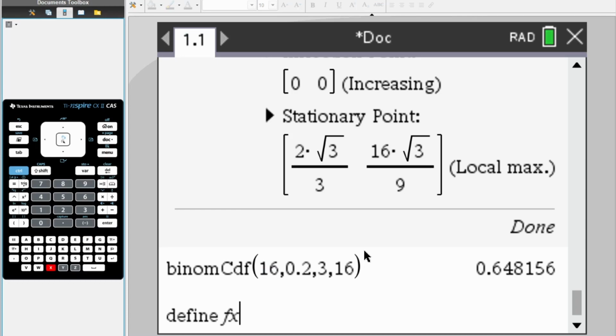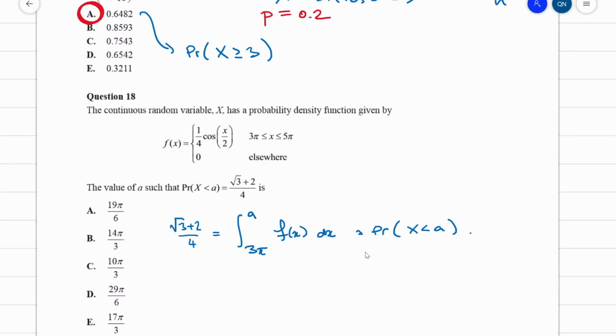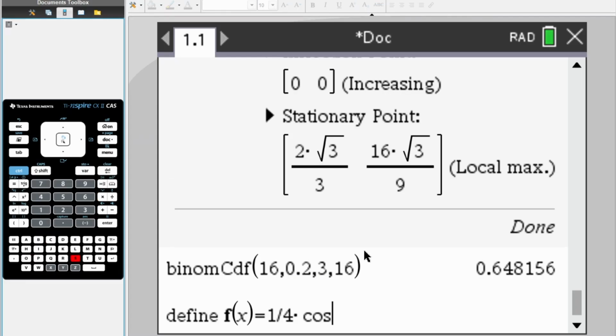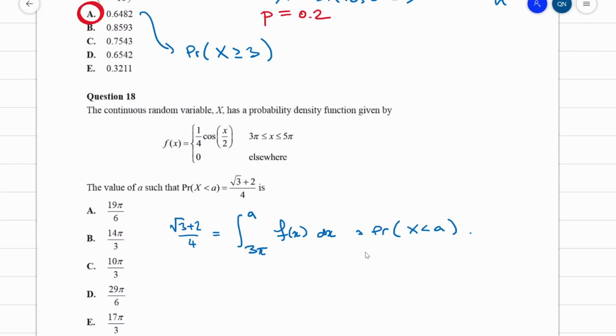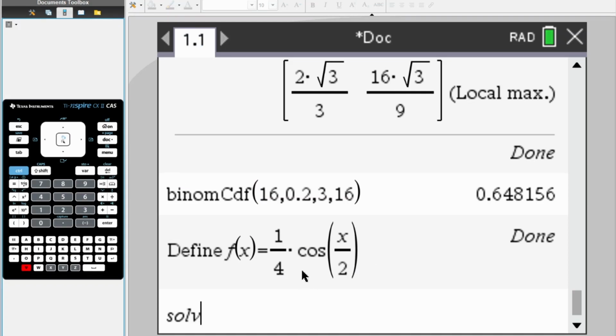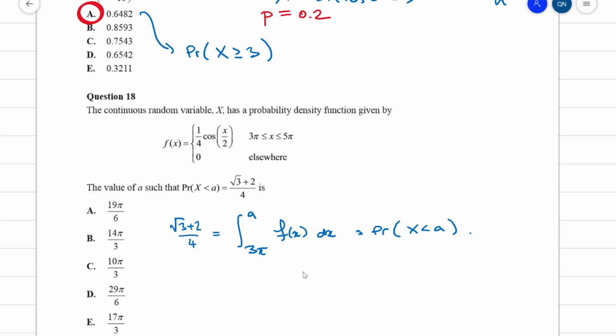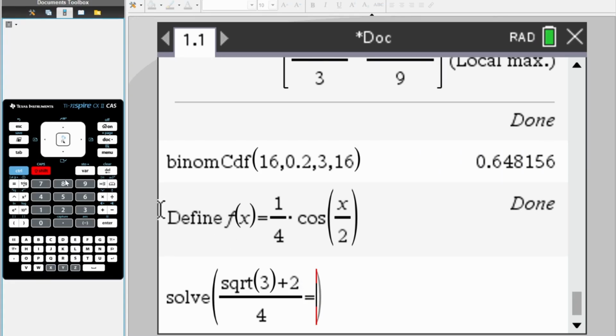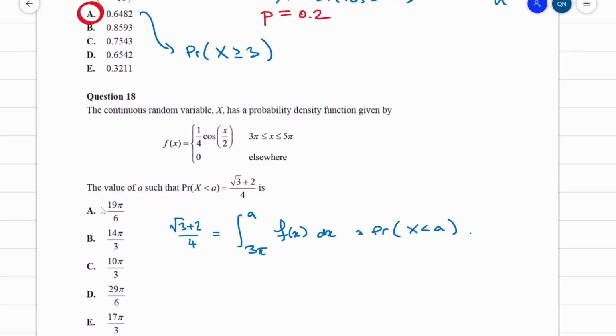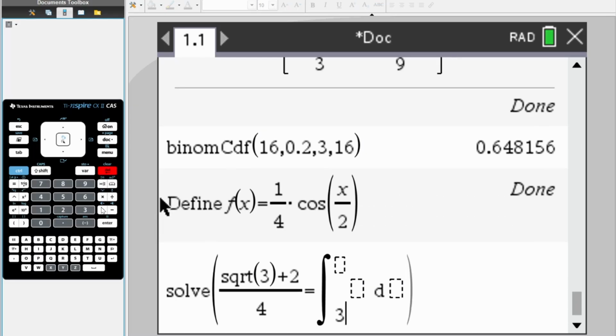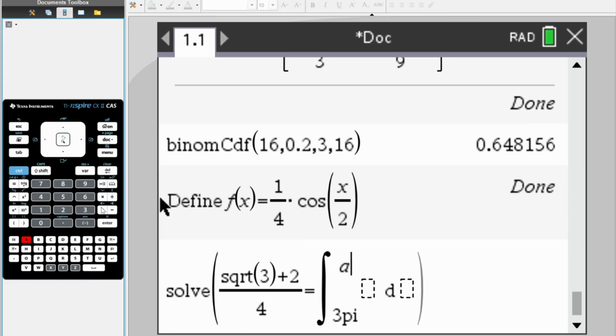I'll define f of x. I guess you don't really have to define it in this case, but I'll do it anyway. Cosine of x on 2. And what I'll do is solve, what was it? It was (root 3 plus 2) on 4. I'll solve this equal to the integral, shift plus for integral, from 3 pi all the way up to a of f of x dx, and I solve this with respect to a.